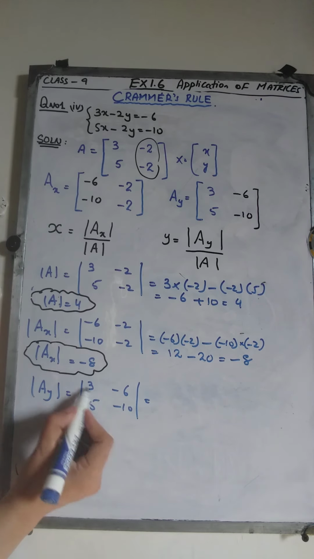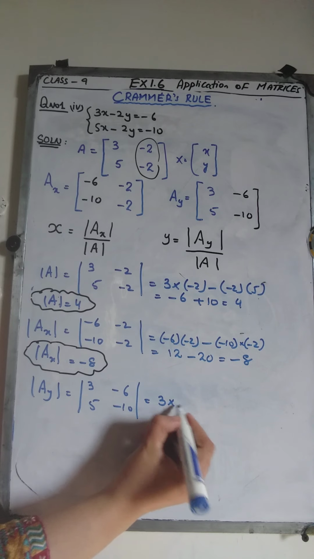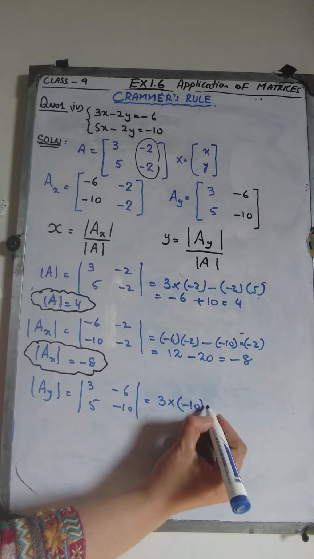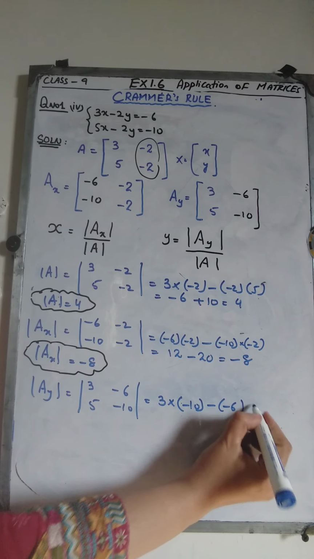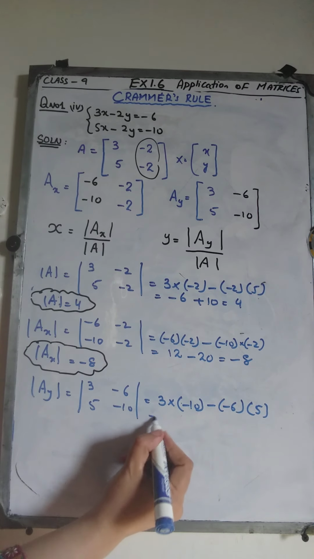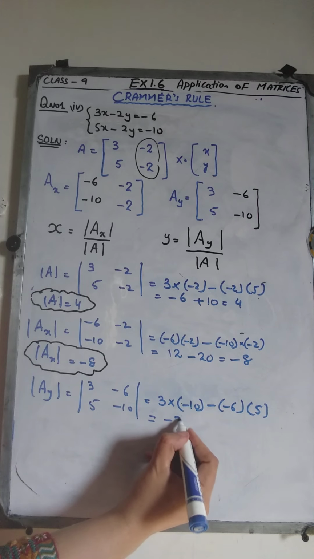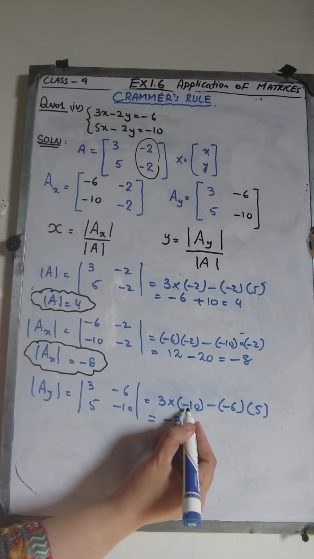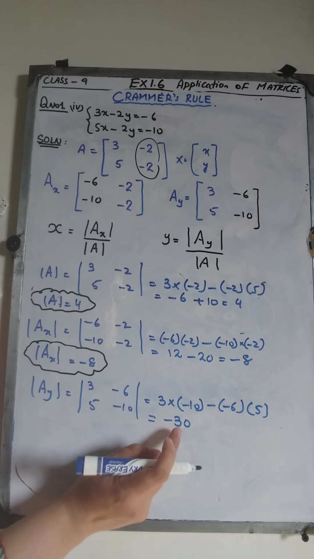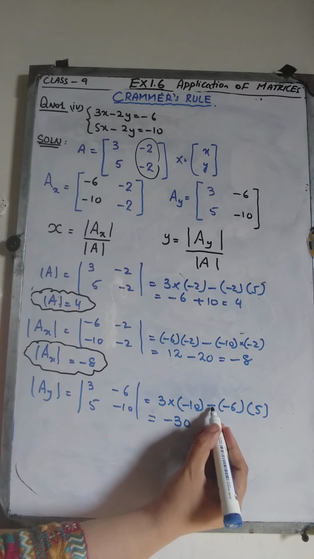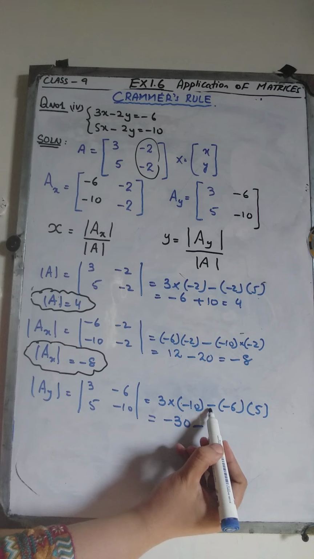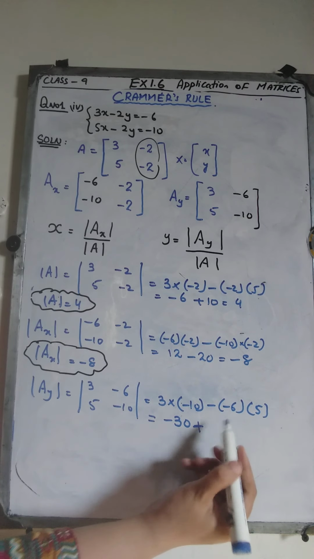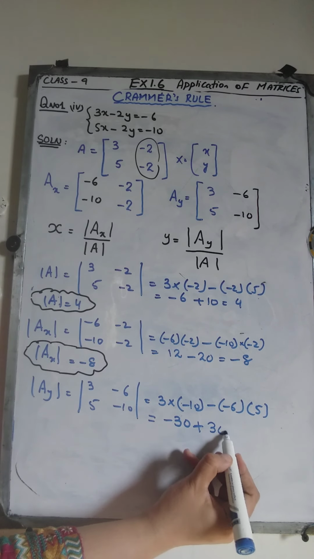Here we multiply 3 into -10 minus -6 into 5. This is going to be -30, because a positive number multiplied with a negative number always gives a negative answer. And then minus -30 makes it a positive 30.